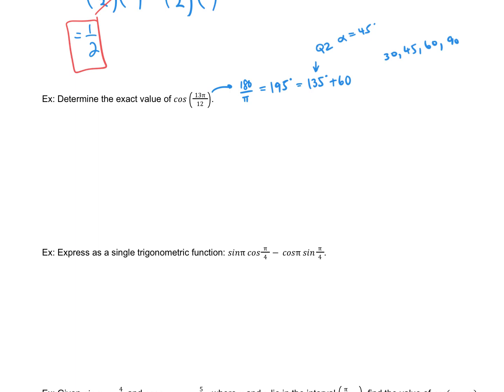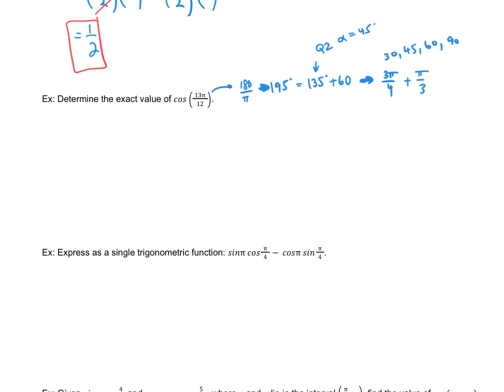Now, what are these in terms of radians? Well, 135 is 3 pi over 4 in quadrant 2, and then 60 we know is pi over 3. So there's our combination if we want to turn things from radians to degrees and then back into radians.